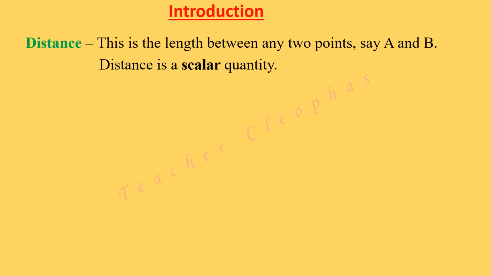So here we are not concerned about the direction, but the size. How big, how long, how far. The unit of distance is meters, which can be written using the simple small letter m.